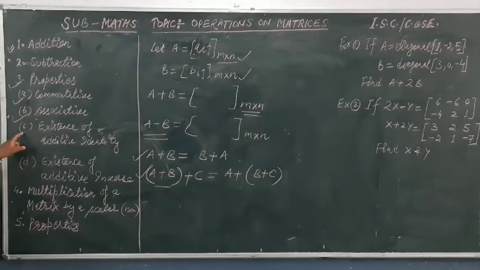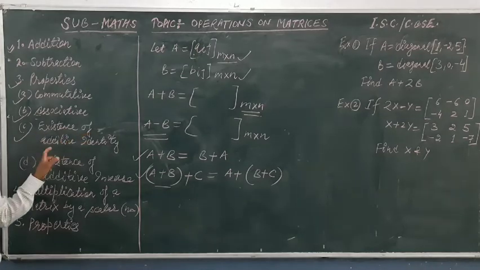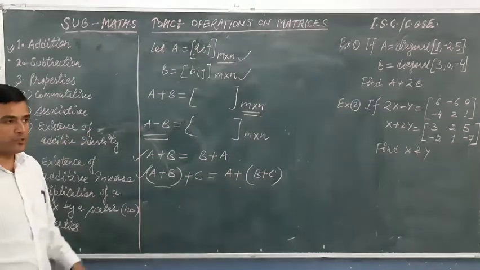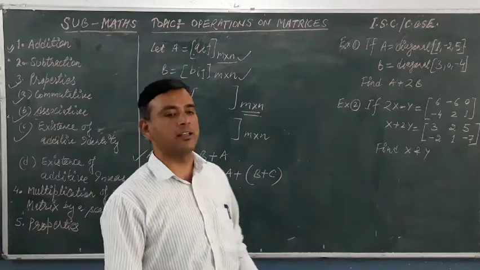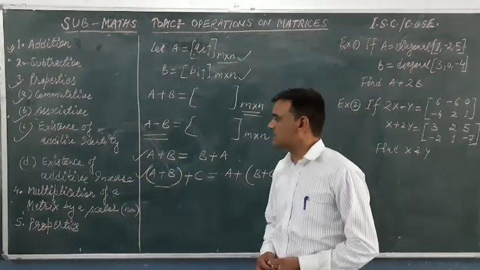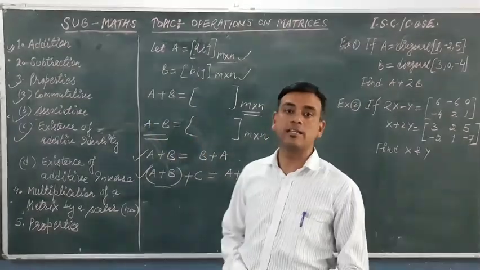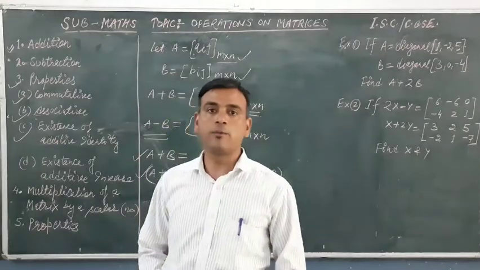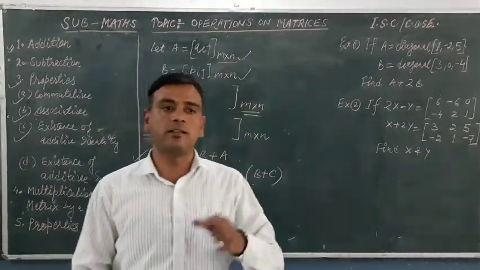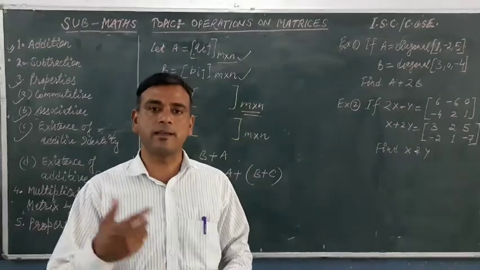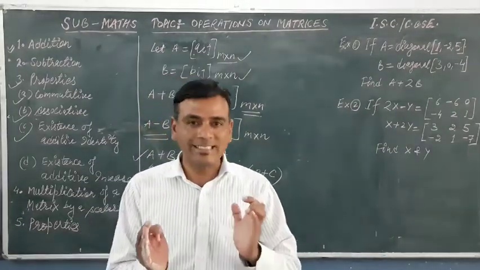Then come to this point, which is very important, the third point: existence of additive identity. Students, in many binary operations you have seen that for a set of numbers there always exists an identity element, for which doing the operation with any element of that set gives the same element; it doesn't lose its identity.